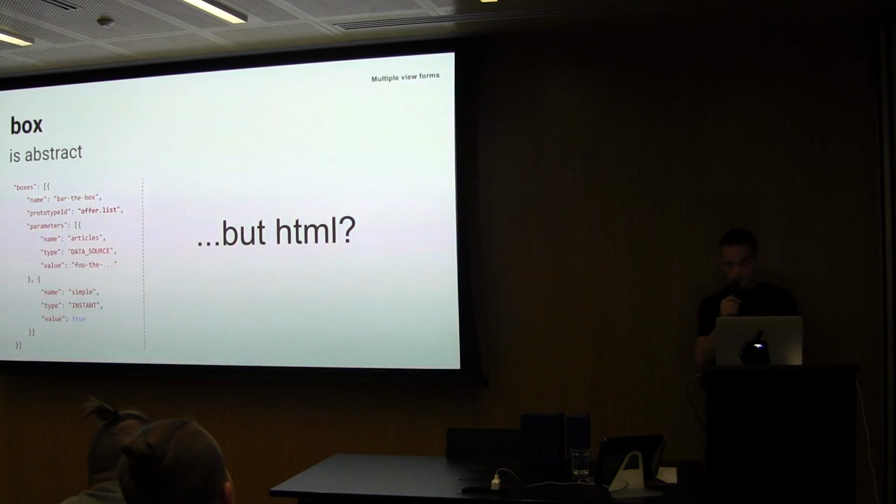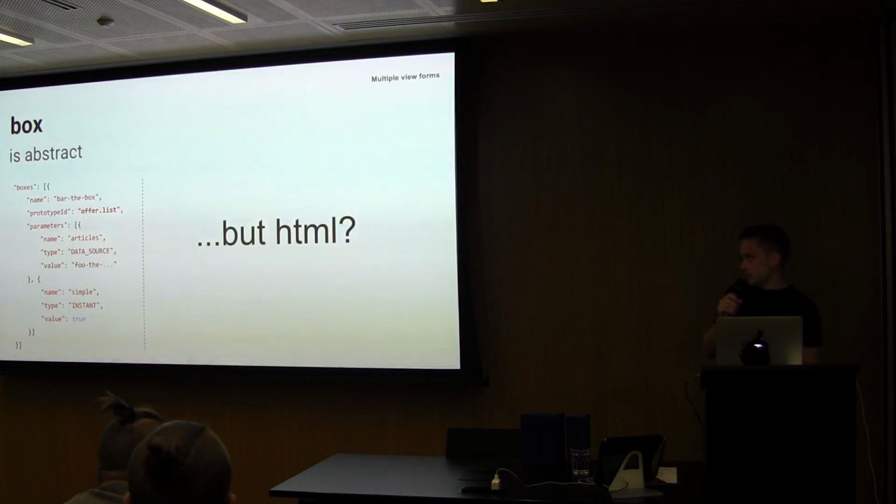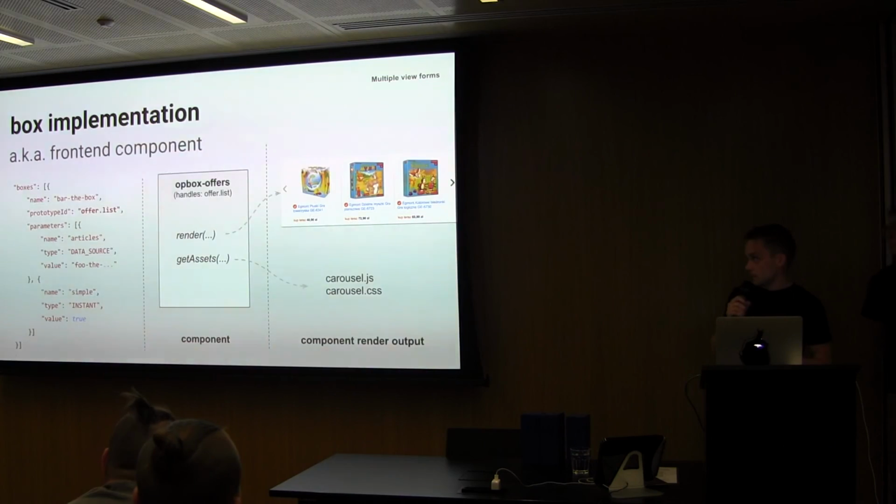The box says, I'm a list, I should be displayed as a list, but it doesn't say how to transform its data into final markup. It's the renderer's responsibility to know how to do that, and opbox web, our web renderer, knows that because it has components.